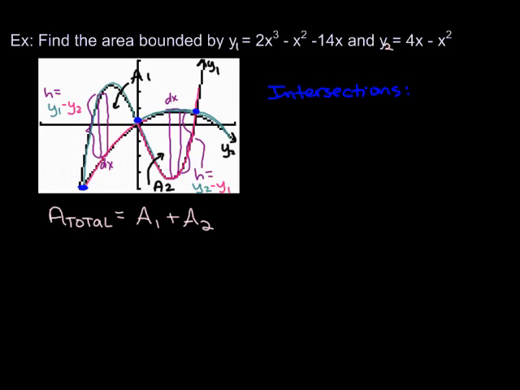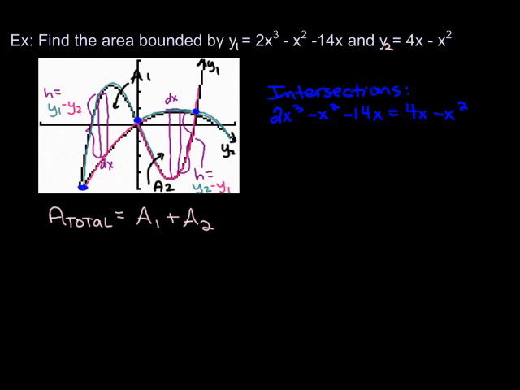Just like we did before, we set the two functions equal to each other so we can find for what values of x they cross each other. So we have 2x cubed minus x squared minus 14x equal to 4x minus x squared.